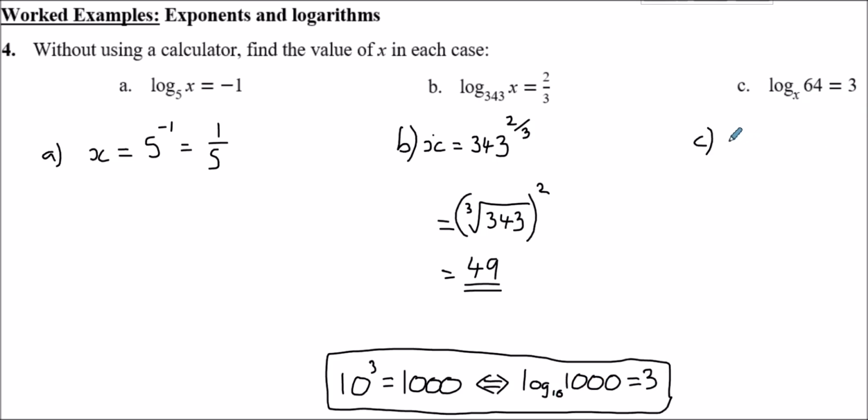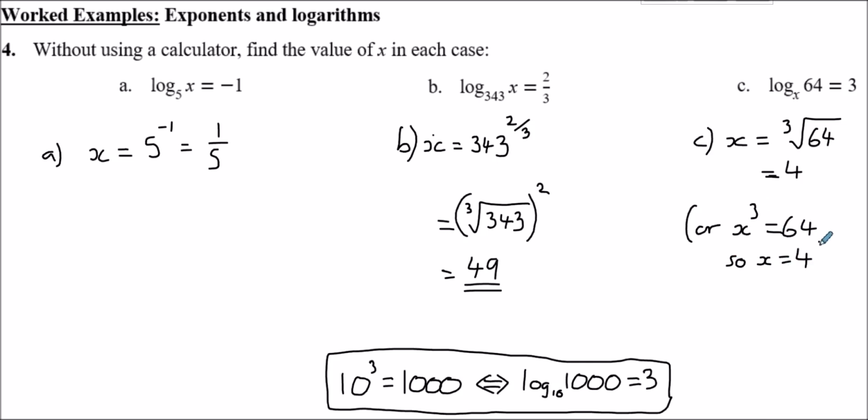So the same way here, we can see that x must be the cube root of 64, which is 4. A different way we could have used is to have thought x cubed must be 64. So x equals 4. That's just a different way of doing it, which we could have used.